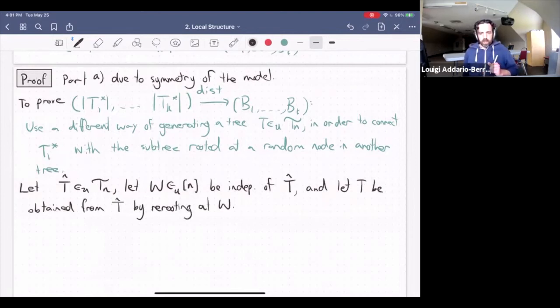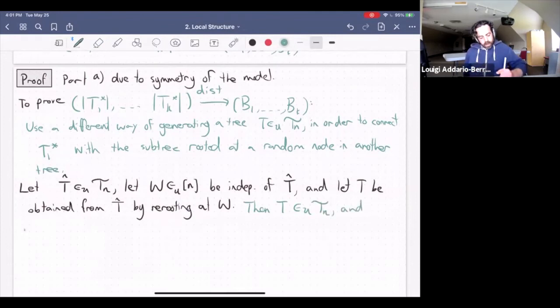Okay, so the root was already a uniformly random vertex. So if we just resample the vertex that we decide to call the root, we're still just rooting at a uniformly random vertex. That doesn't change the distribution. So T now is again a uniformly random tree from Tn.